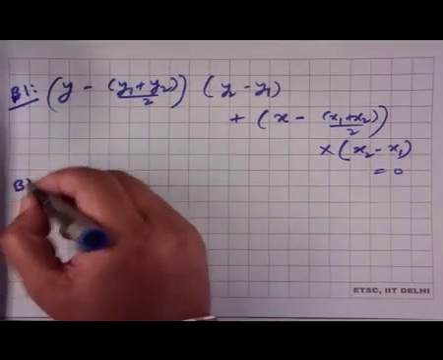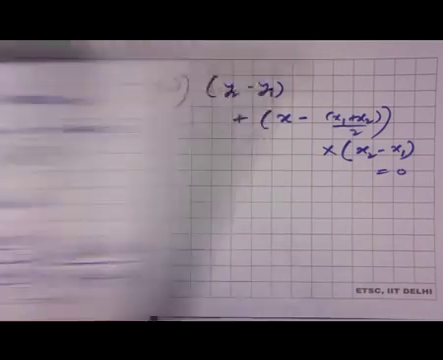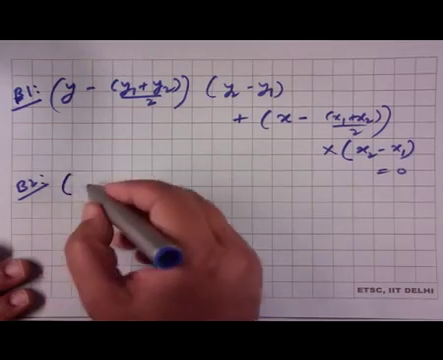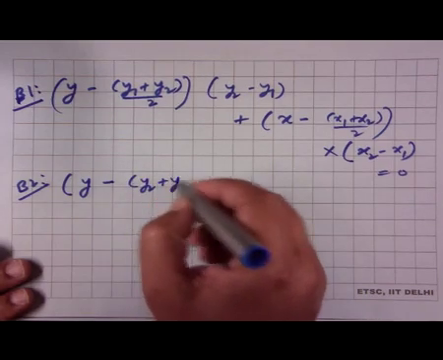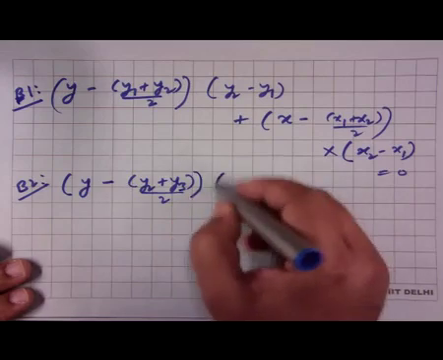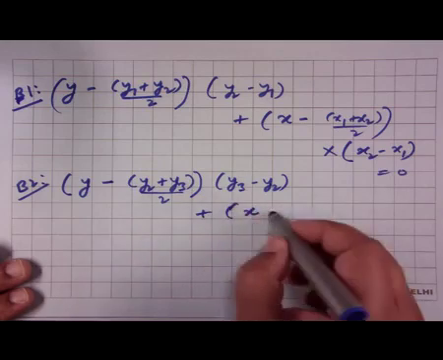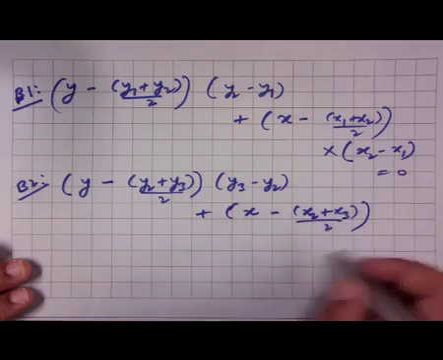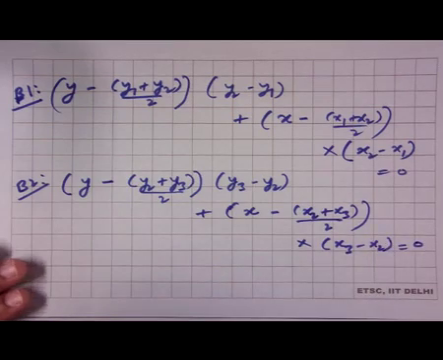In a similar manner, the equation of the perpendicular bisector of P2 P3 is going to be, and that we can write straight away because it is going to be a similar expression, y minus, times, equals 0.